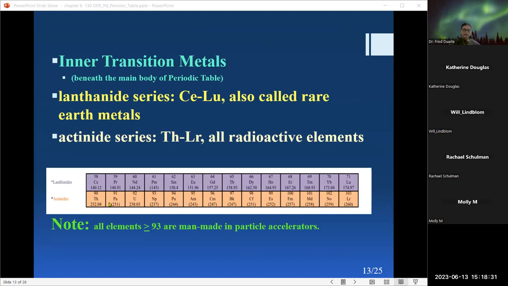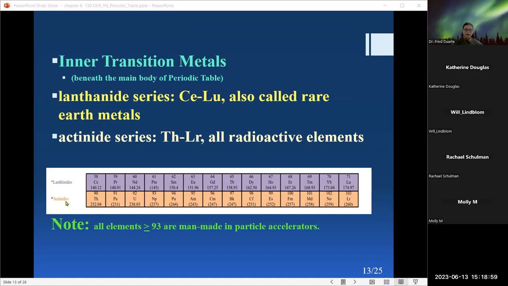The lanthanide series is the top row, the one in purple color here, and then the actinide series is the orange one. Both of them are called inner transition metals in general terms, but the specific terms are the lanthanide series and the actinide series. Also, the lanthanides, which are the ones in purple, are also called the rare earth metals.